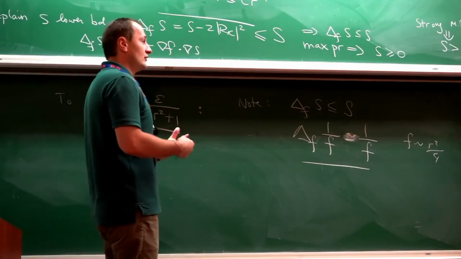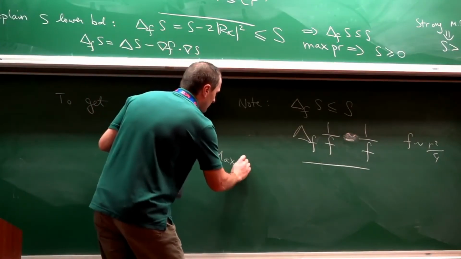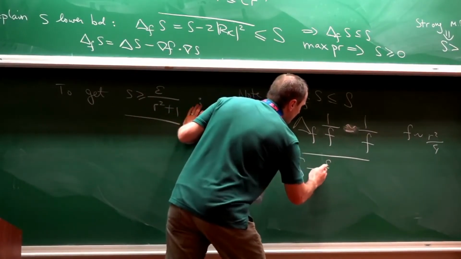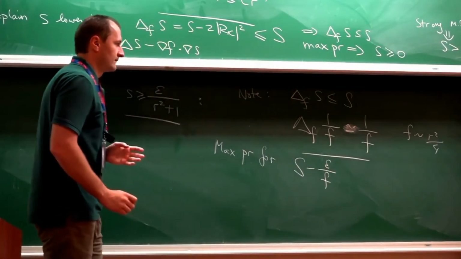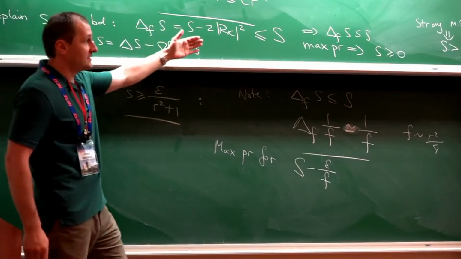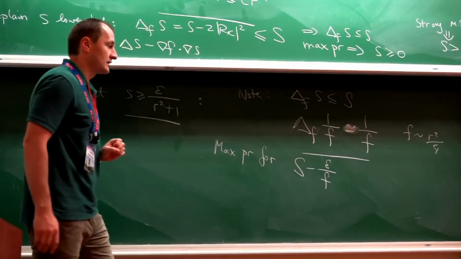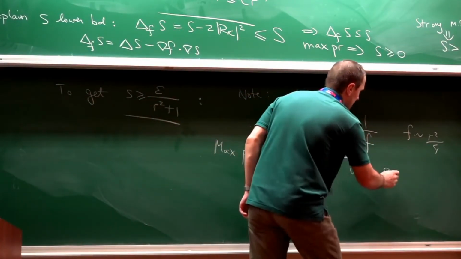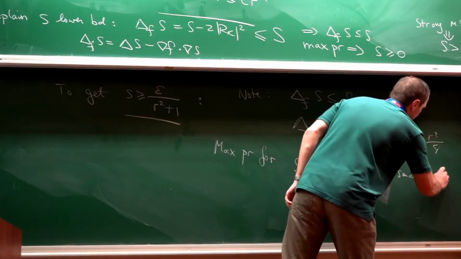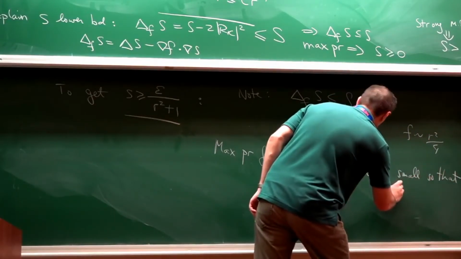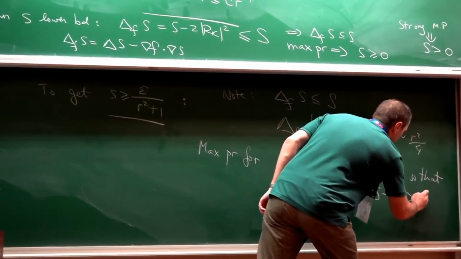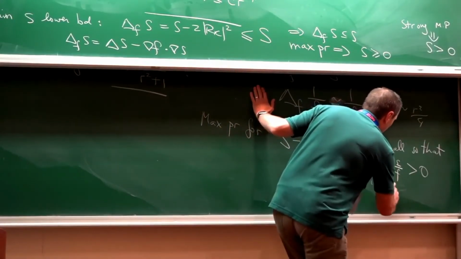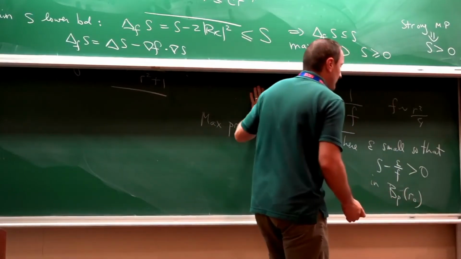So now, just redo the maximum principle for a new quantity, which is S minus epsilon over F. The same idea is here, but now you use the maximum principle for this quantity, where epsilon is small, so that this is strictly positive inside some domain, in a ball of some fixed radius.